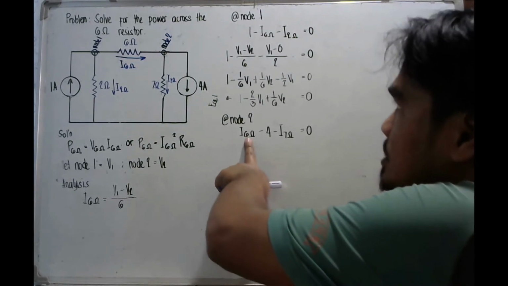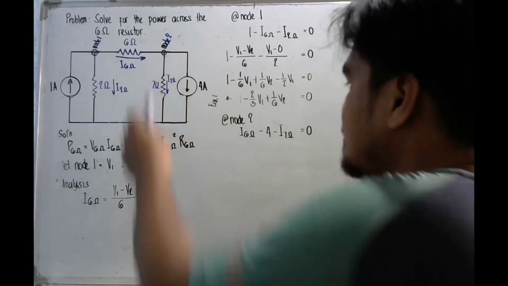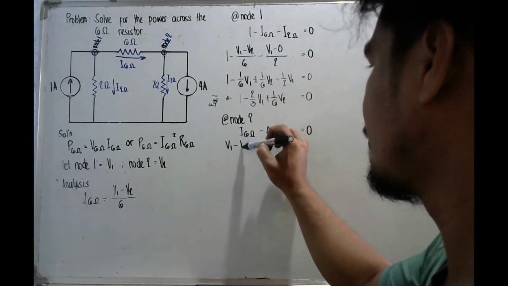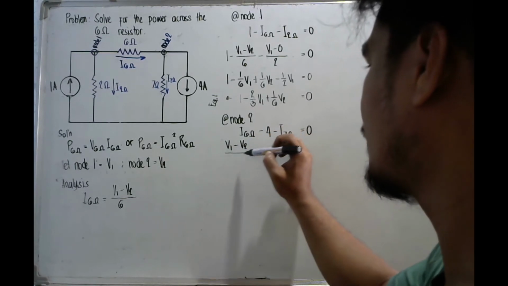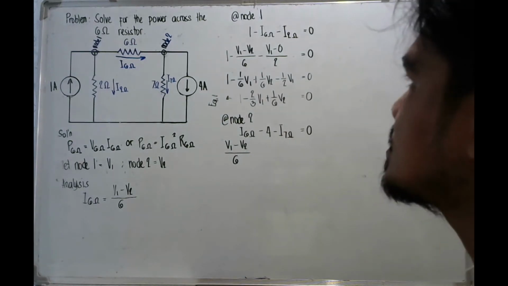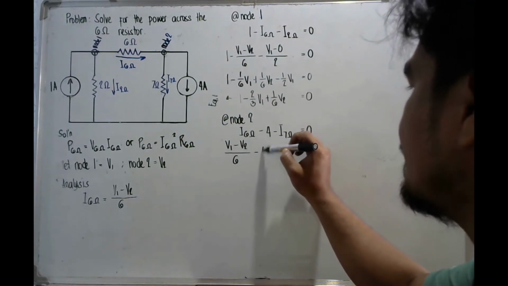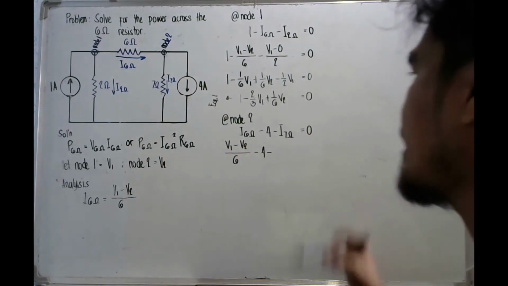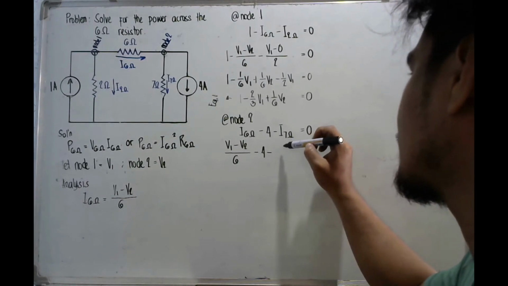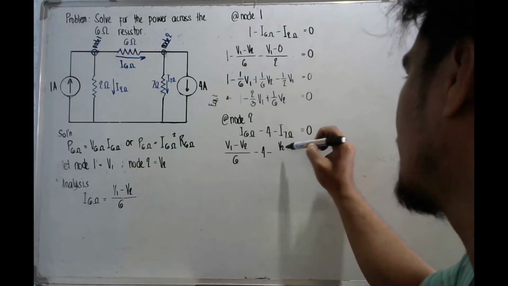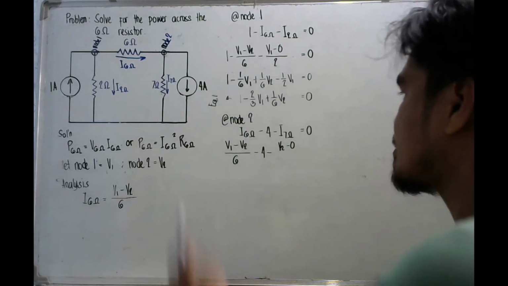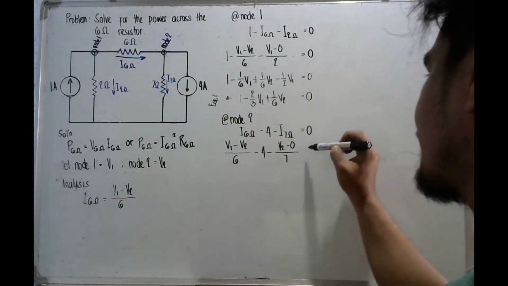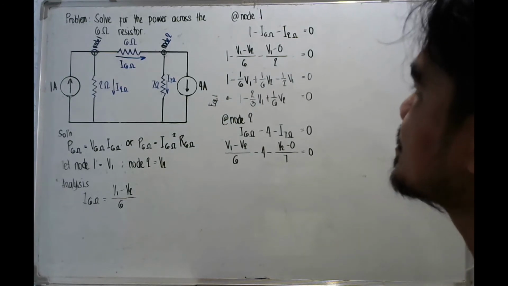For your I6 ohms, tails minus heads, so you have V1 minus V2 over the resistance value, 6, minus 4. For your I7, you have V2 for your tail, 0 for your head, directly to the ground, divided by the resistance value, 7, is equal to 0.